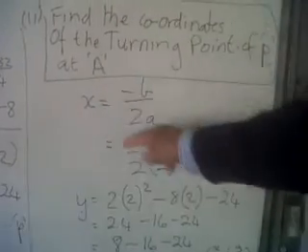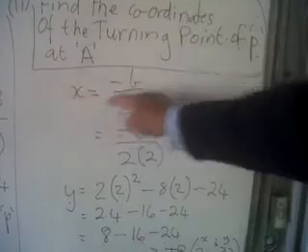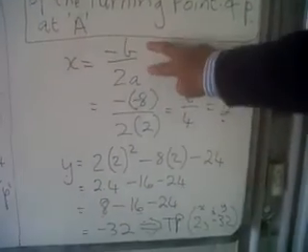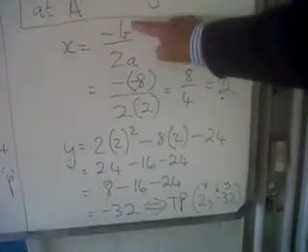Okay. Now the next question. Find the coordinates of the turning point. The formula there, you have to use to find the x value. That's the formula. And now at this point, you're going to use b, which is that b from this formula here, the value of 8, and a is 2 from this formula, to get the turning point.